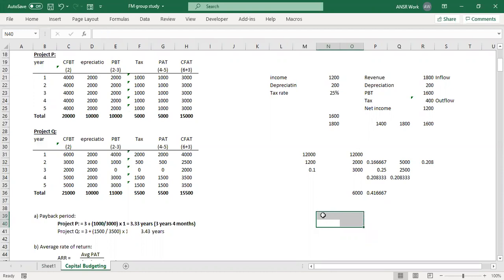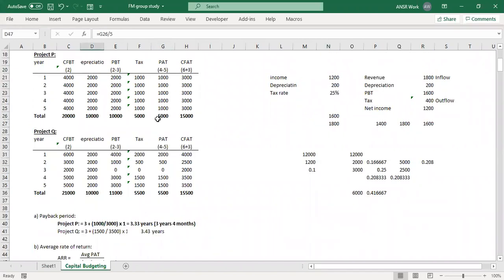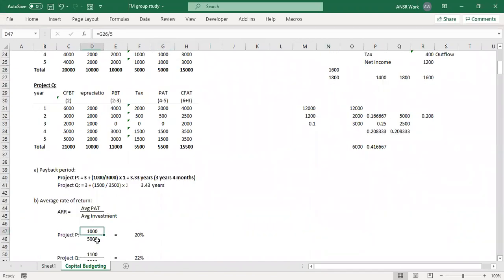So basically, we will always have total investment divided by 2. Always two. So your PAT, that is net income, divided by number of years, and average investment divided by 2, always. So here in the first project P, 5,000 divided by 5, that comes to 1,000. Your 10,000 divided by 2 comes to 5,000.